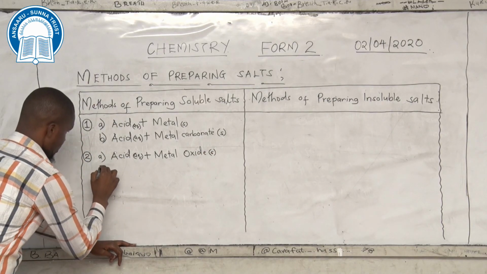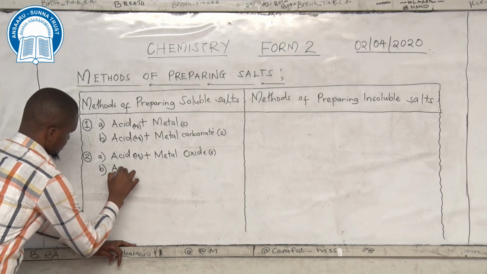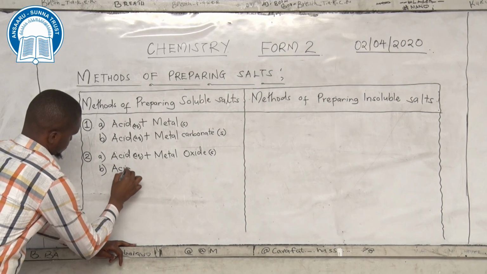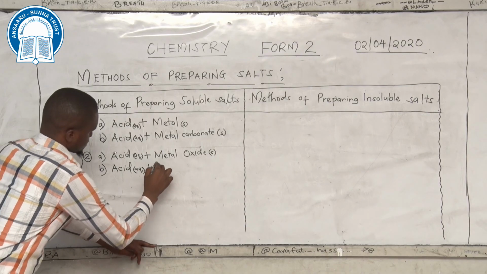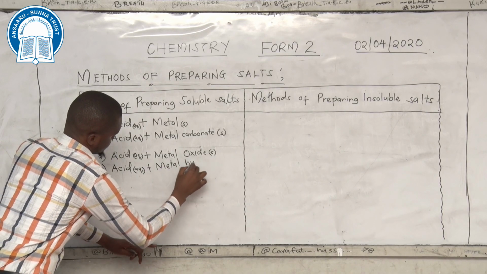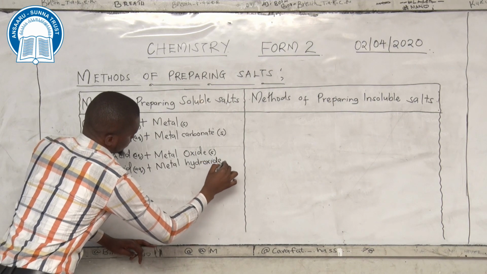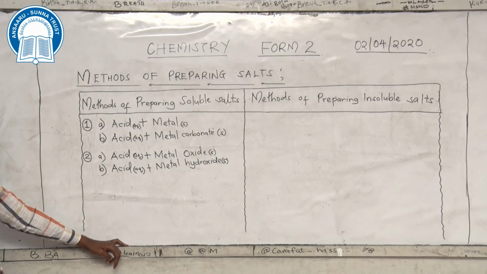We would also talk about B here, an aqueous acid plus a metal hydroxide. And we're saying still a solid. The hydroxide is a solid.